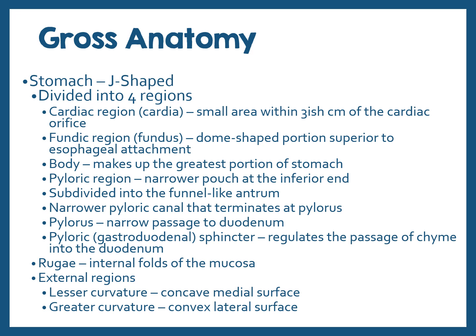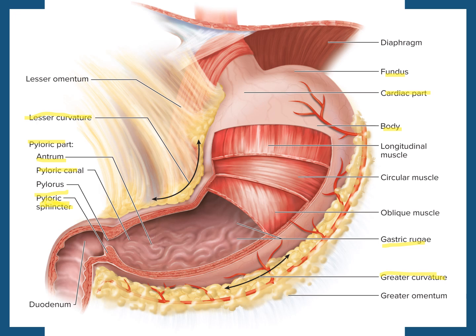So looking at the cardiac region of the stomach, this is going to be like the first 3 centimeters, right? Let's orient ourselves here. Here I have the diaphragm, and this is the esophagus, right? So the first 3 centimeters in the stomach is called the cardiac region.